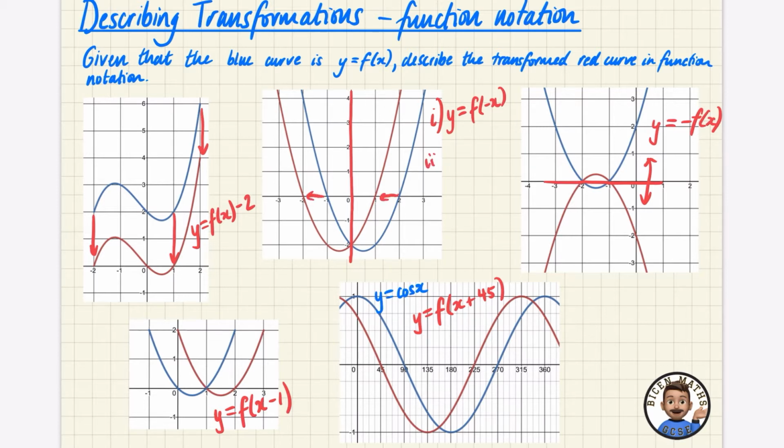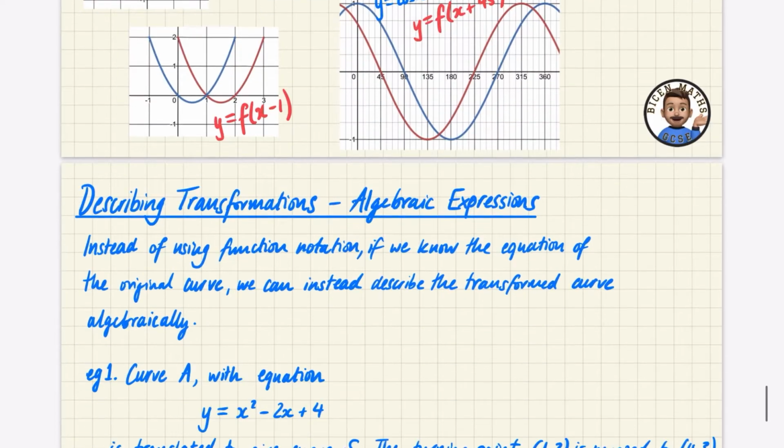So if it's moved 1 space to the left, you could say that it's y equals f of x plus 1, moving 1 space in the left direction. This one has 2 different ways you could express this. Sometimes the question will say translation or reflection, so you're forced to give it in a particular way.